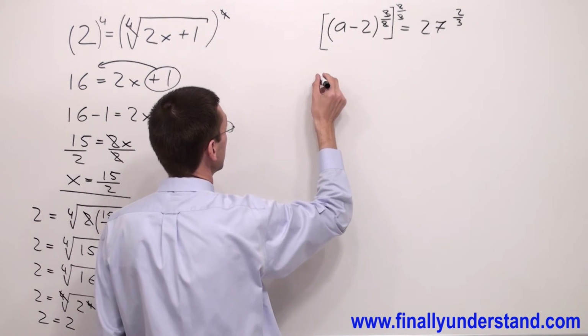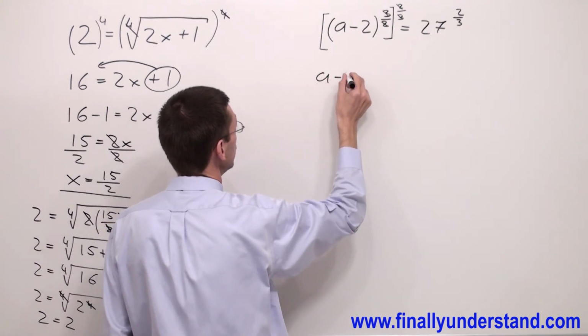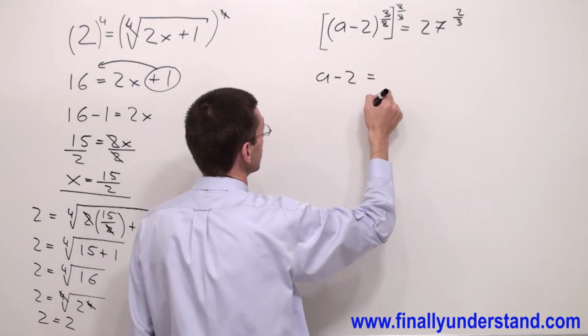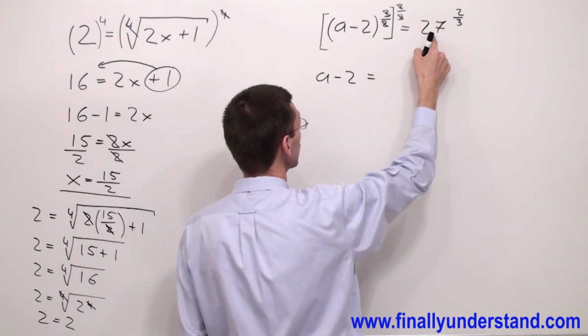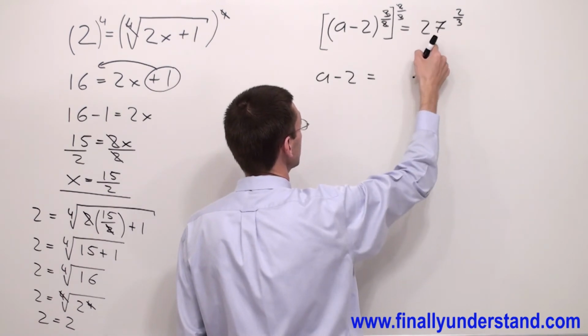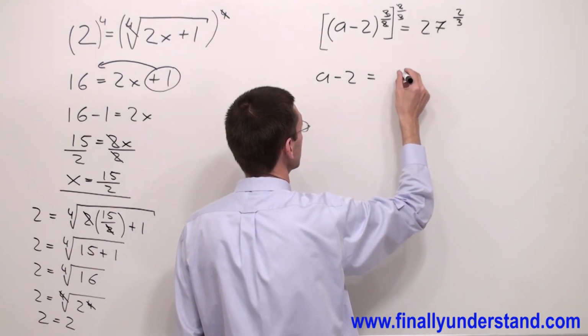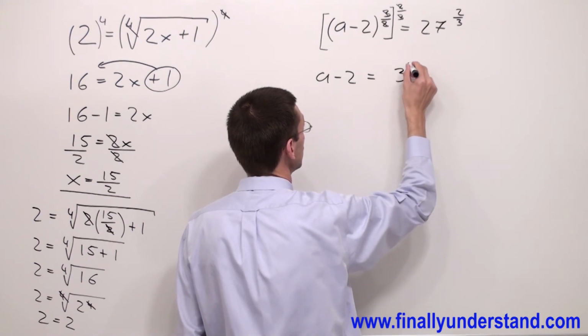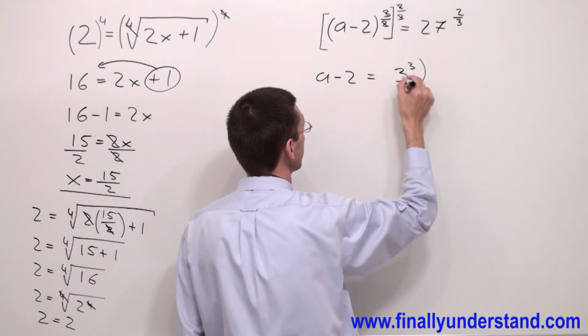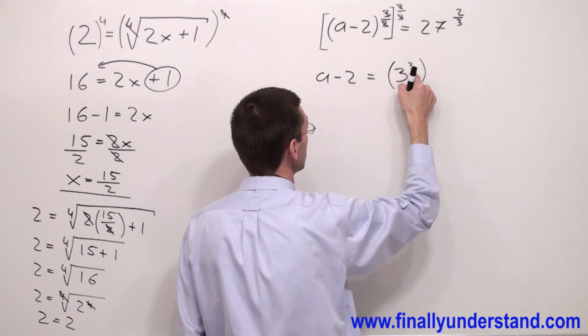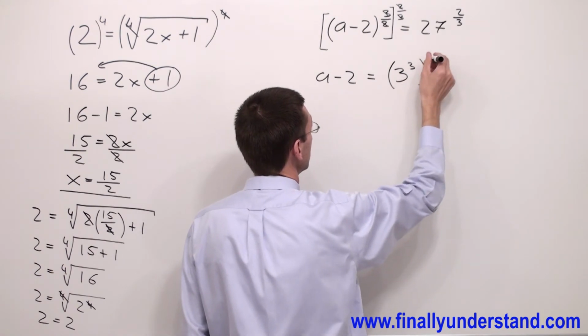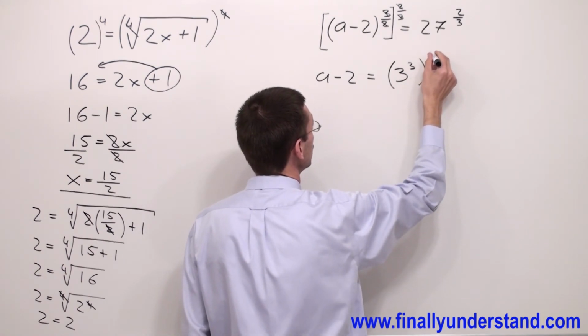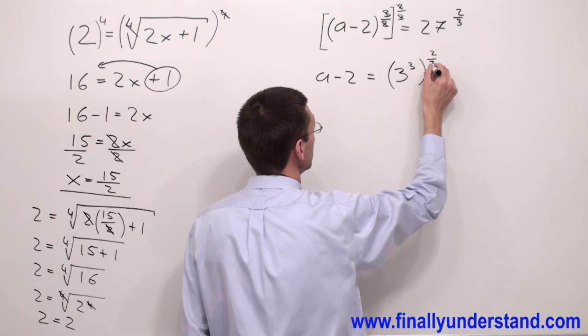And I have a minus 2 equals, let's take a look at what we can do over here. 27 I can rewrite as 3 to the 3rd power. And this number is raised to the power 2 over 3.